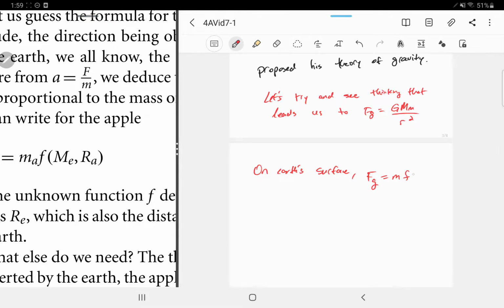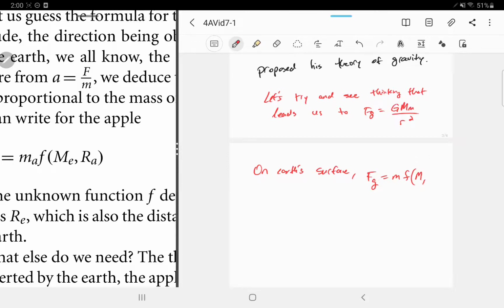So it's some function that depends on not just the mass of that apple, but the mass of what's pulling on the apple, which is the Earth. So presumably this will depend on the mass of the Earth as well. I'm using lowercase m for the mass that the Earth is pulling on, and capital M is the mass of the Earth. And then this should also depend on the radius of the Earth, how far you are away from it.